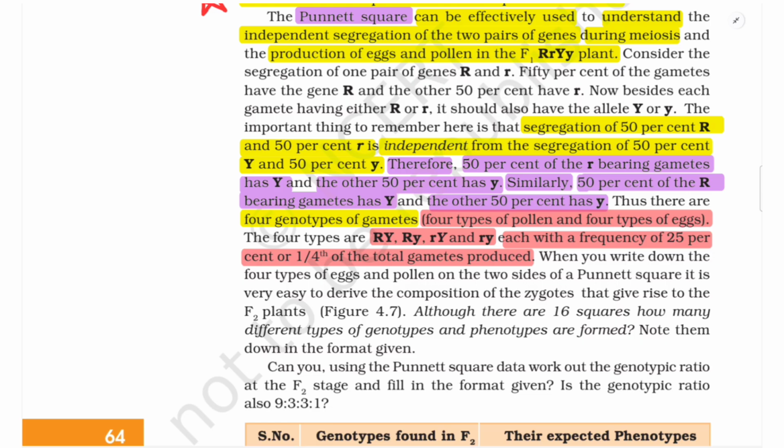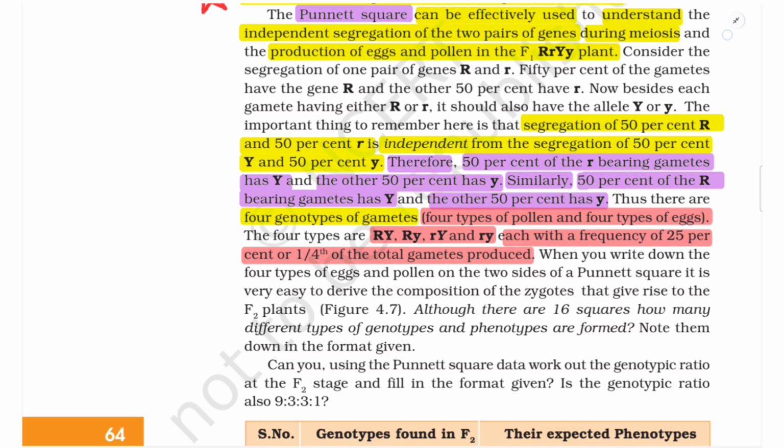Therefore, 50% of the small r bearing gametes has capital Y and the other 50% has small y. Similarly, 50% of the capital R bearing gametes has capital Y and the other 50% has small y. Thus, there are 4 genotypes of gametes, 4 types of pollen and 4 types of eggs.